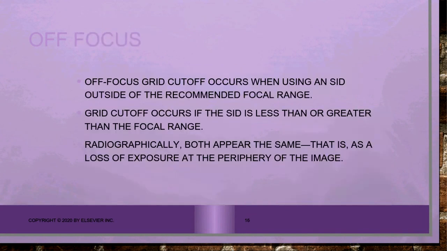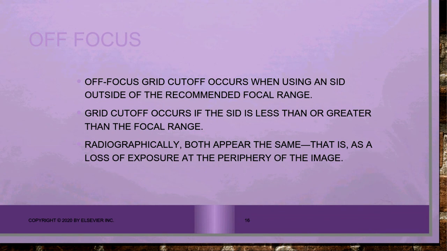An off-focus grid error occurs when you use an SID that is outside the recommended focal range. We said that the focal range is determined by the convergent point or the convergent line, and if you are outside the recommended focal range, then you will exhibit an off-focus grid error, again because the divergence of the beam will not match, and you will exhibit grid cutoff. Typically, it will occur if the SID is less than or greater than the focal range.